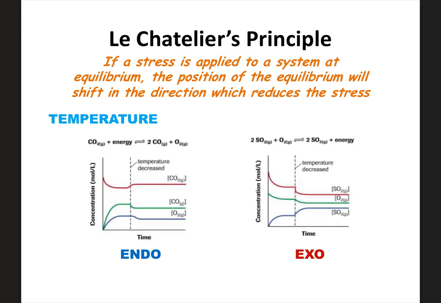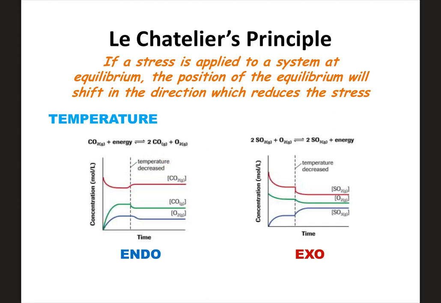So if you look at this first one on the left, it says we have CO2 plus energy forming CO and O2. So obviously, if energy is a reactant, that's going to make this an endothermic reaction here. Essentially, you could actually figure that out by looking at this graph. So notice here, it's telling you that the temperature is decreased.